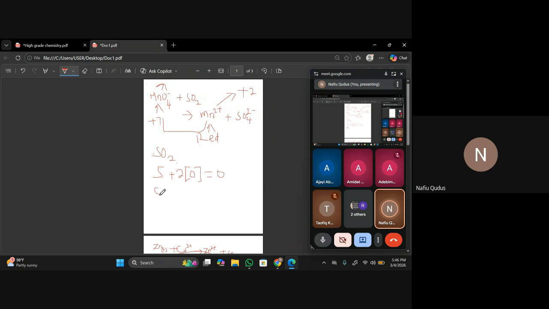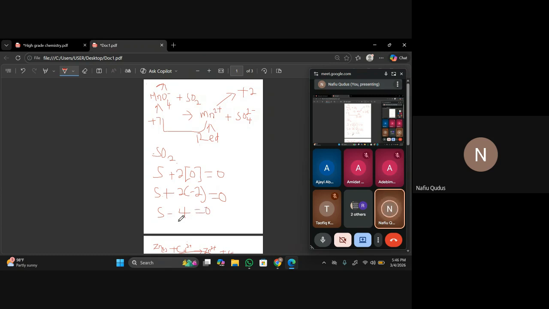Now, what's the oxidation number of oxygen? -2. That's S plus 2 into bracket -2, which equals 0. Are we together? 2 times -2 is -4, so S minus 4 equals 0.